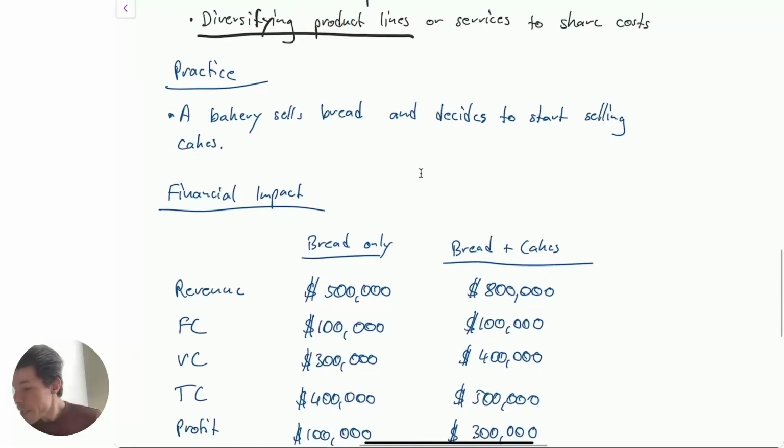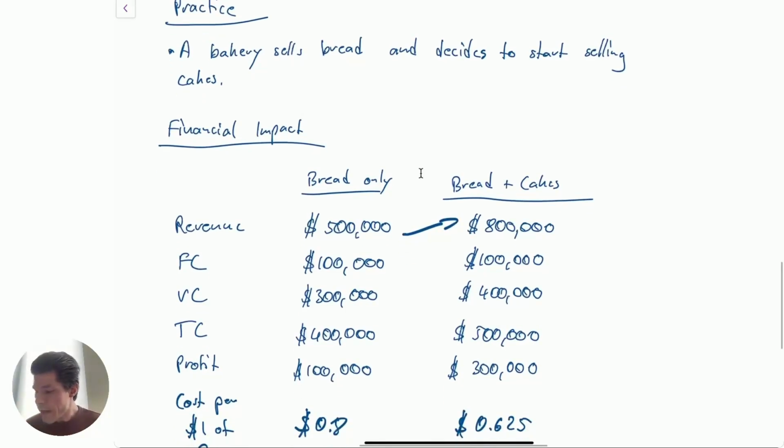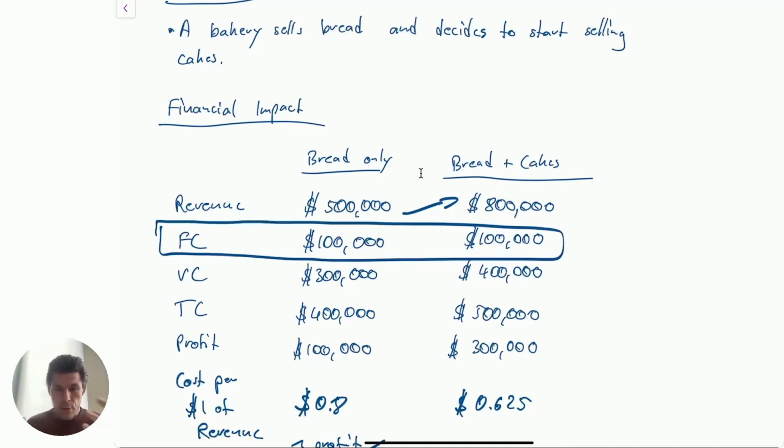What we assume here is revenue increasing from 500,000 to 800,000 because we have added cakes. Fixed costs, again, our assumption is we can use the resources, the oven equipment that we have. We assume variable cost may have increased because you have additional direct costs that you need for the cakes. The variable cost here is not per unit as in our example before.